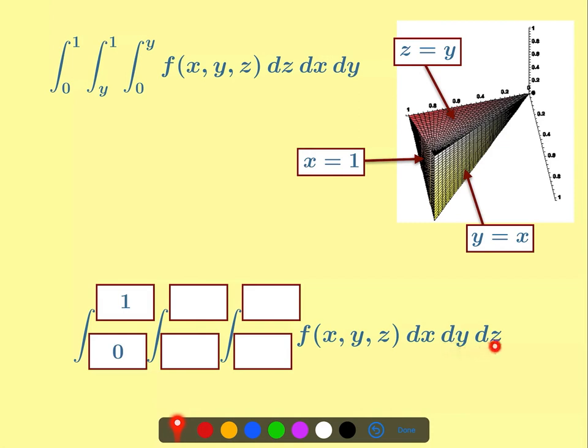Now, what we really want to do to get the limits of integration for dy dz here is to look at what the shadow is of this solid in the yz plane. So we imagine having a sun way over here, or a light source way over here on the positive x-axis, and seeing what the shadow is on the zy plane. So it's just going to be this triangle.